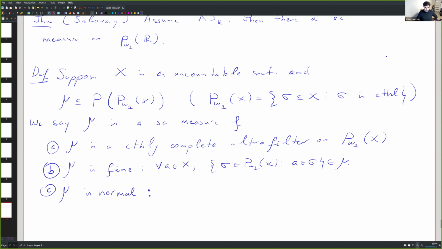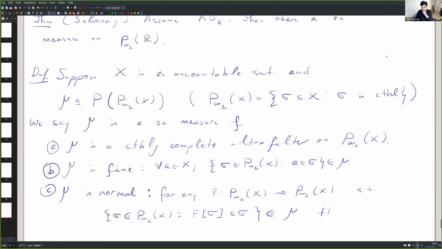So for any F which is a function from P omega 1 of X into P omega 1 of X, such that for measure 1 many sigma in P omega 1 of X, F of sigma is a subset of sigma, so the pointwise image of F ends up being a subset of sigma, that is measure 1, right?